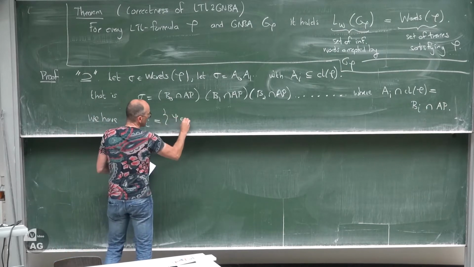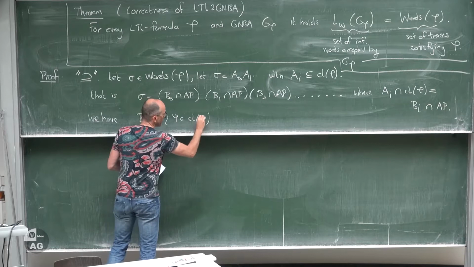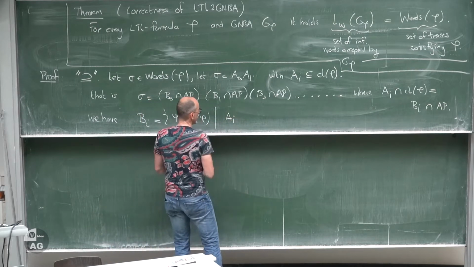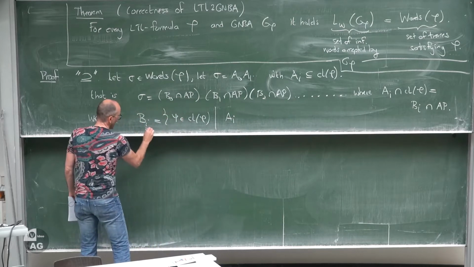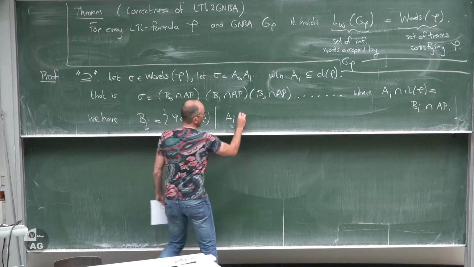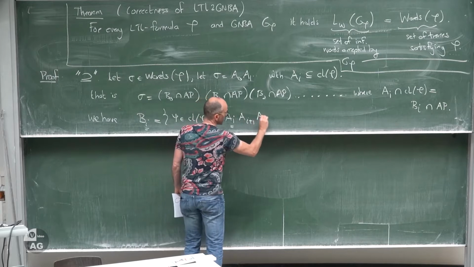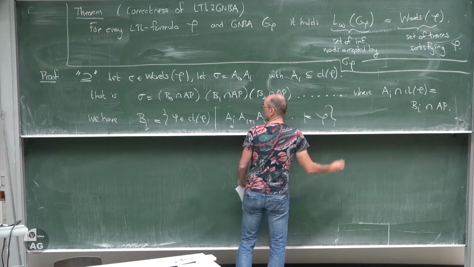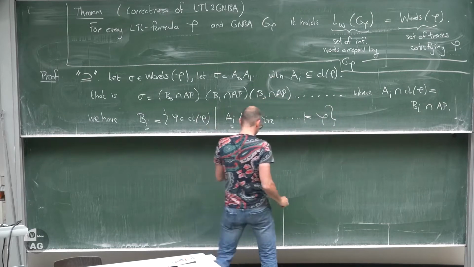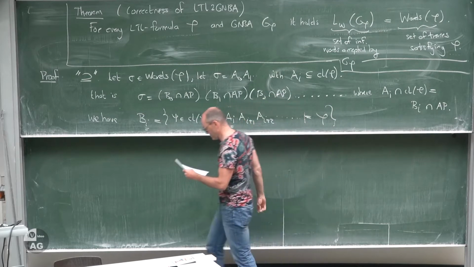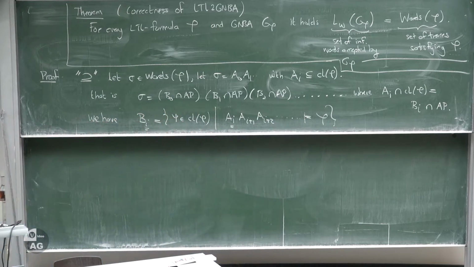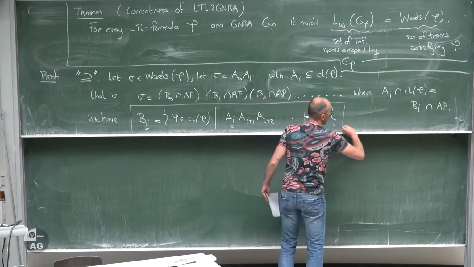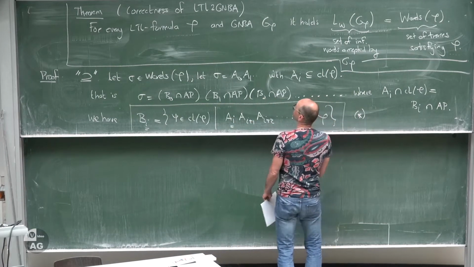These are all subformulas of the closure of phi, such that the sequence starting at that position i, of all A's, satisfies the formula phi. Good. This is what we should keep in mind because that's what we're going to use quite a bit.